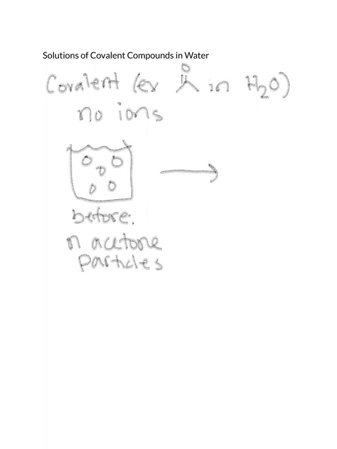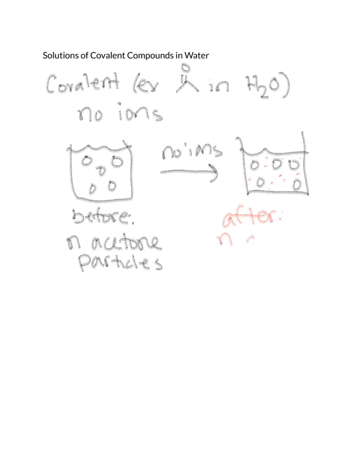Afterwards, there's the same number, right? Because no ions form. And so in water, you know, I drew 5 over here. There's still the same 5. They're just distributed differently because there's now these little water molecules that are all around them. So after, N acetone particles. If I put 5 acetone particles in, I get 5 acetone particles out. That is not what's going to happen with an ionic compound.